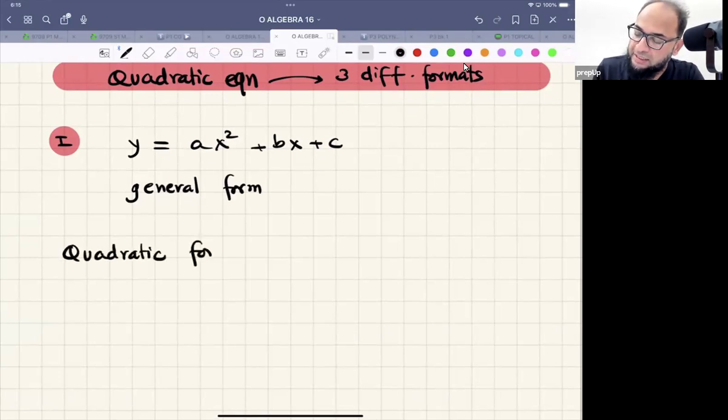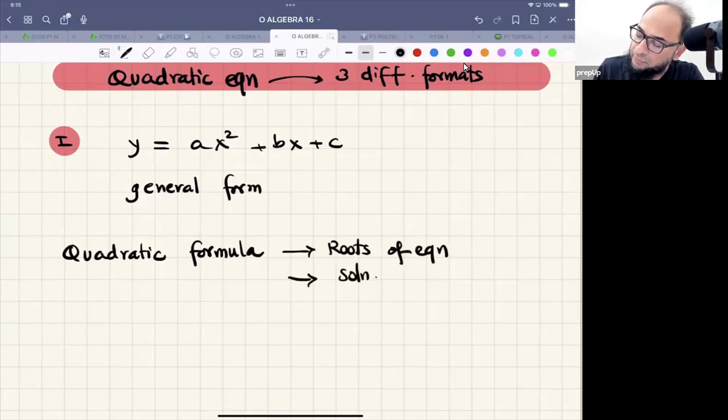We use it in the quadratic formula. How do we use it? We use it to find the roots of the equation. Roots of the equation means solutions of the equation. It's also known as x-intercepts, where the graph cuts the x-axis.